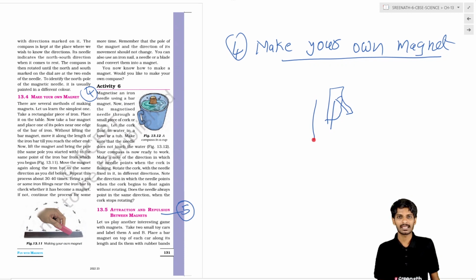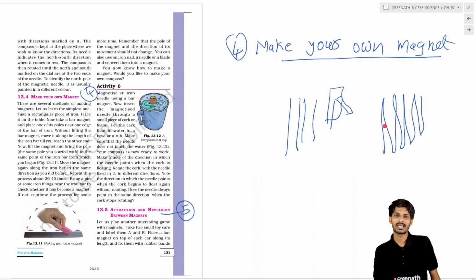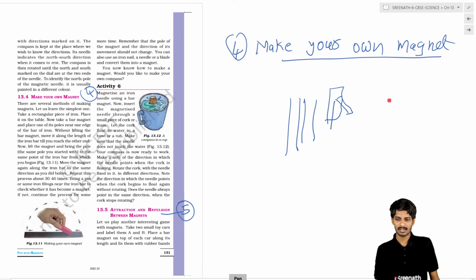You have to rub it like this, not with a to and fro motion. You rub like this, lift your hand, again rub like this, lift your hand and again rub like this. You always rub in one direction only. You have to rub from this.